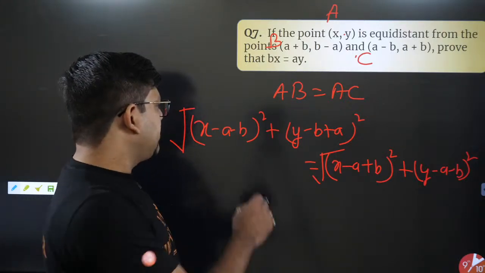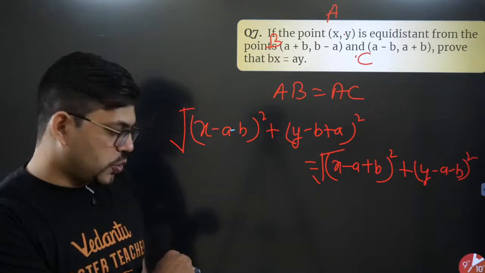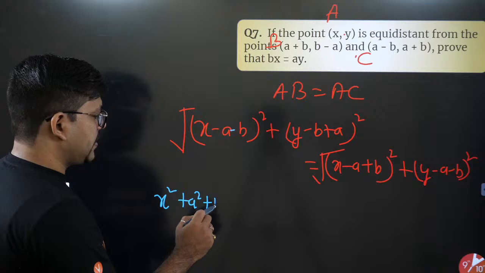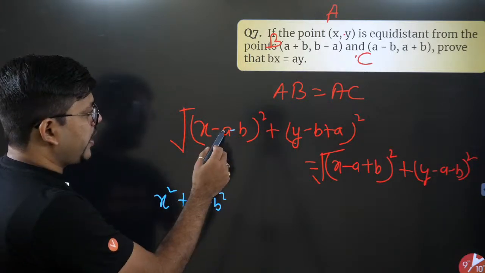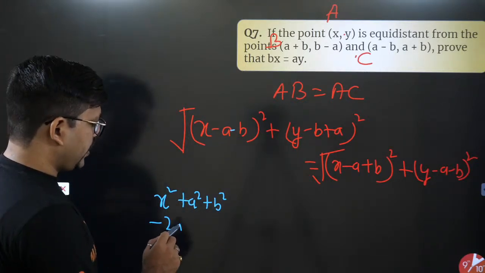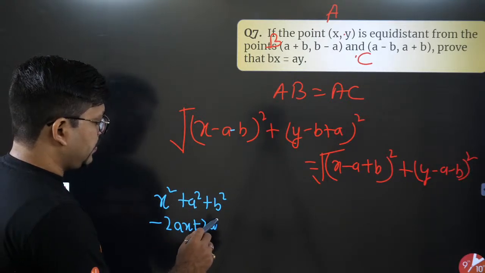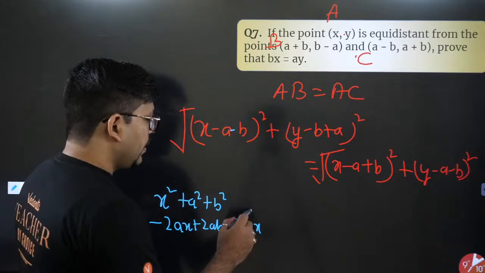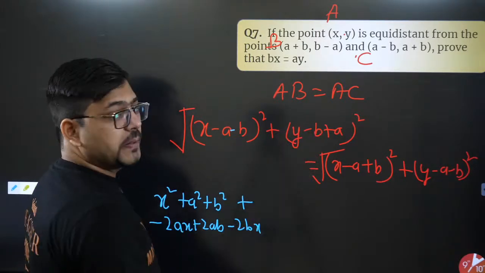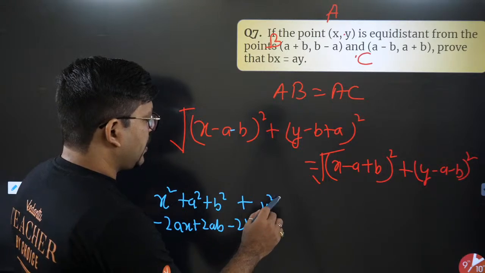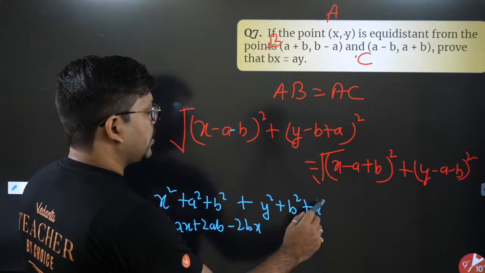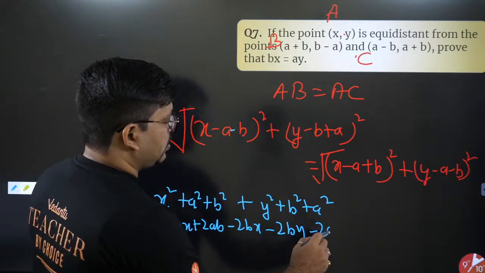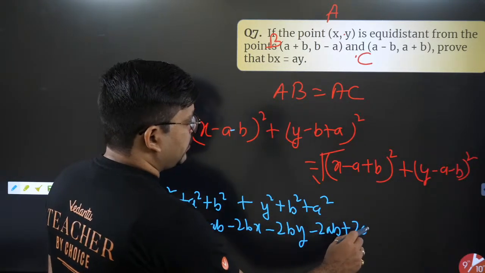So x minus a minus b whole square, if we have to solve it, let me write down what we will get. We will get x square plus a square plus b square minus 2ax plus 2ab minus 2ax plus 2ab and minus 2bx. Plus y minus b plus a whole square, so we will get y square plus b square plus a square, then minus 2by and minus 2ab and plus 2ay.